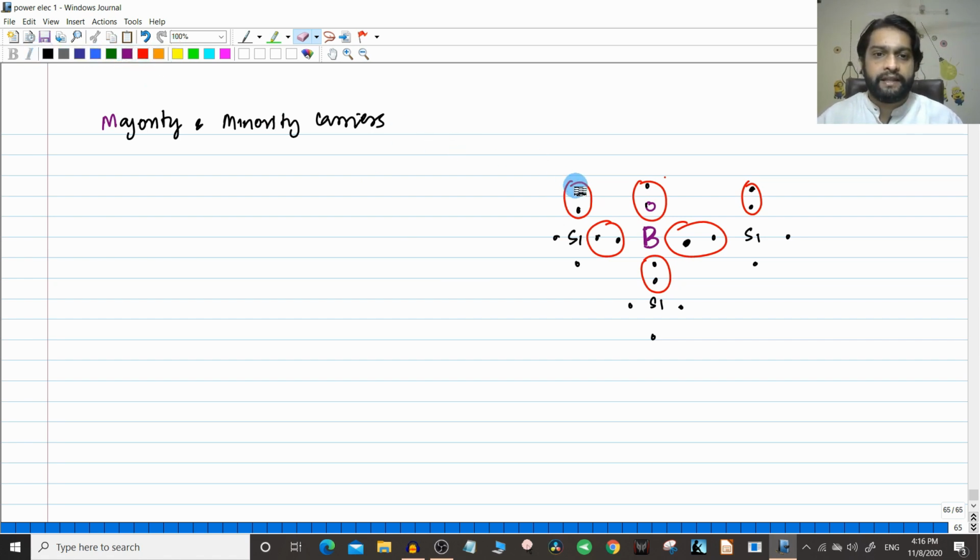That is a hole, which is being created. Now this phenomenon will happen in the p-type material and in the n-type material also. That is, the creation of electron and hole combinations will happen in both n-type and p-type material.